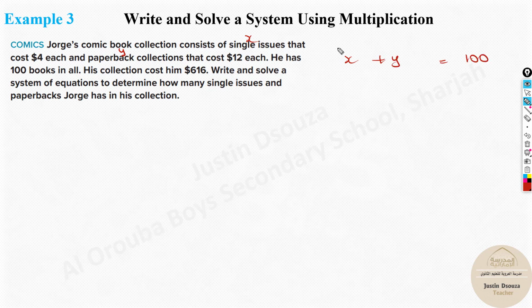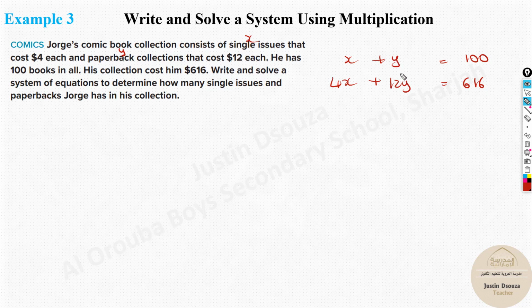That's the first equation. And whenever the cost is given, you need to multiply the amount per book by this x. Now, single issue x is $4 each. So it will be 4x here plus, this is how much? $12 each for paperback. So it will be 12y. And the total is 616 here.